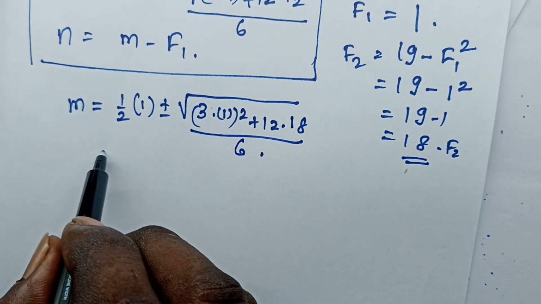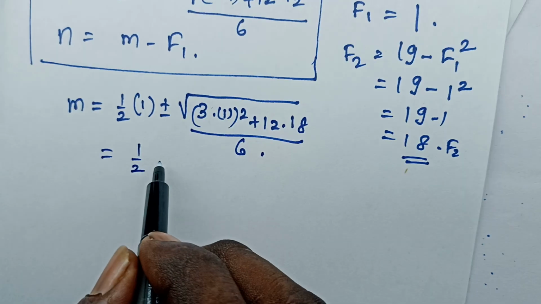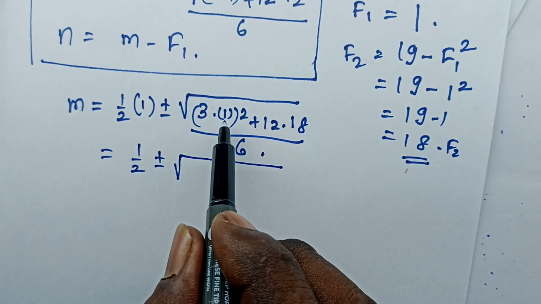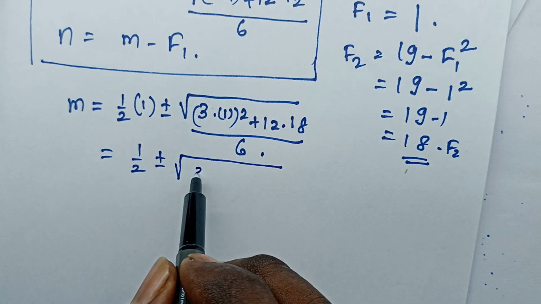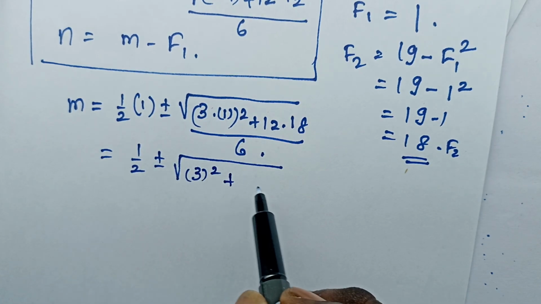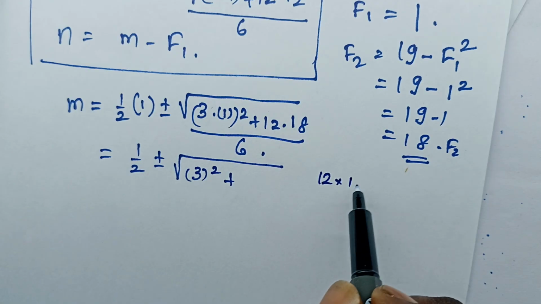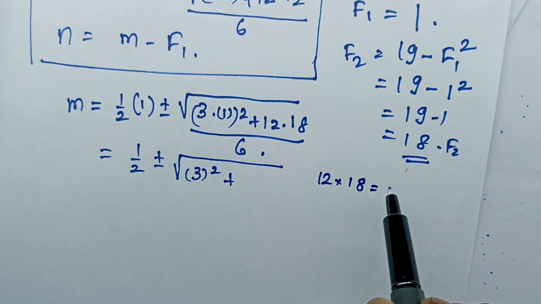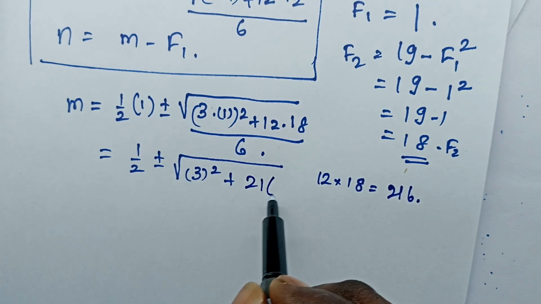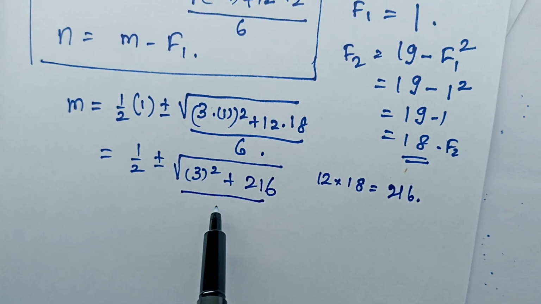Now 1 by 2 plus or minus root of 3 into 1 square plus 12 into 18, 216, by 6.